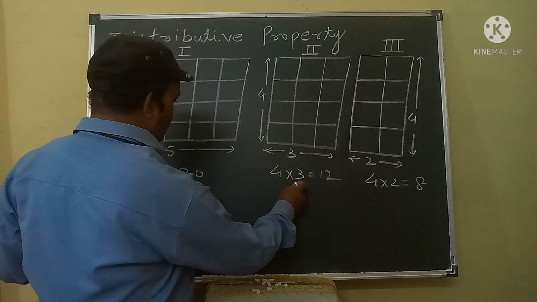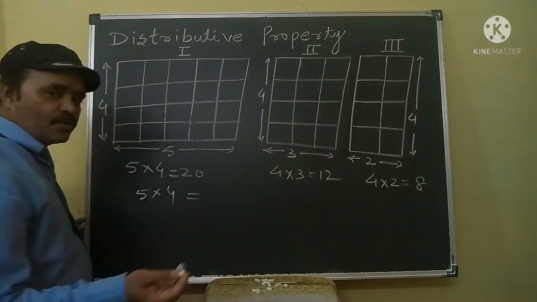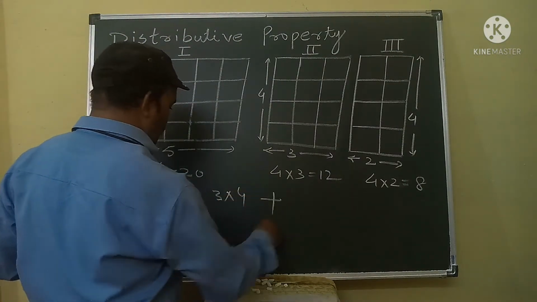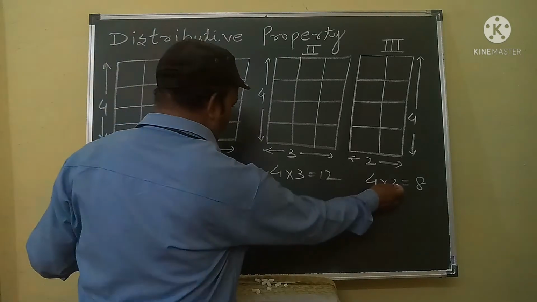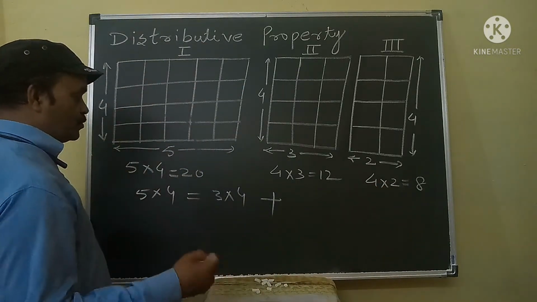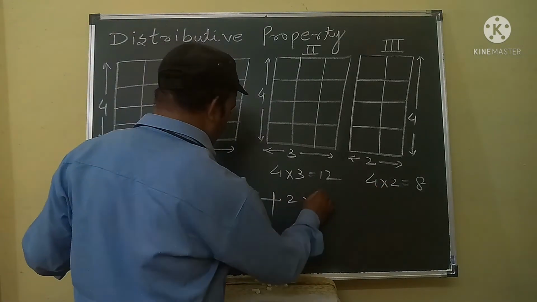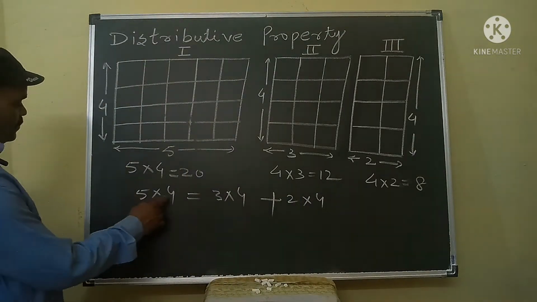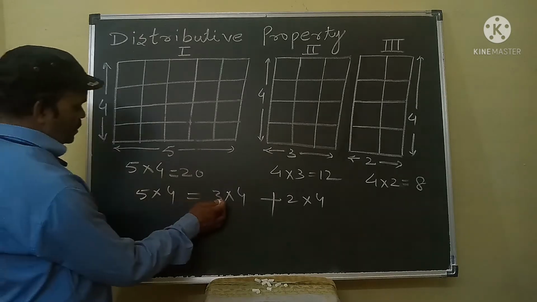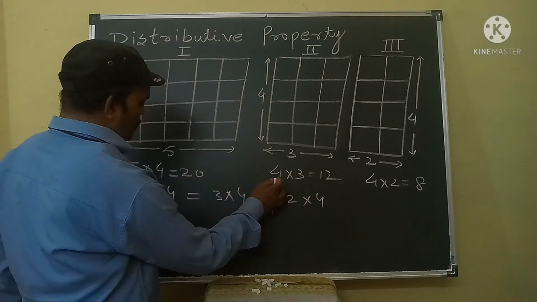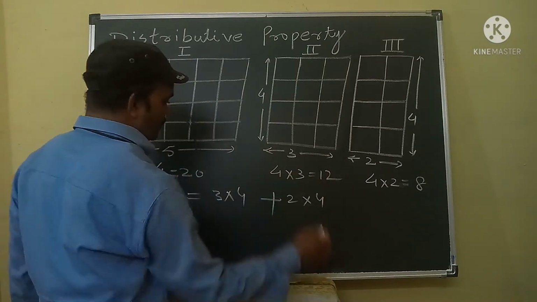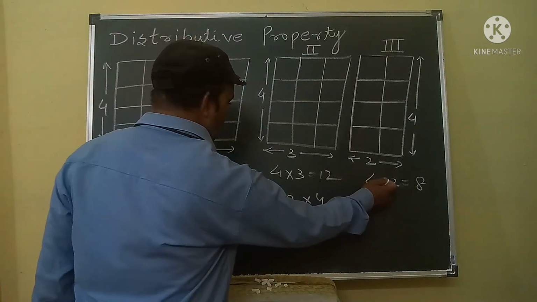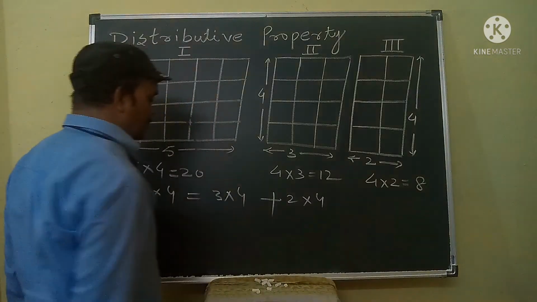5 into 4, you can write 4 into 3 and 3 into 4, both are same, 3 into 4 plus 4 into 2. 4 into 2, we can write 2 into 4. Okay. Now look here. 5 4s are 20. 3 4s are 12, or 4 3s are 12, both are same. 2 4s are 8, or 4 2s are 8.